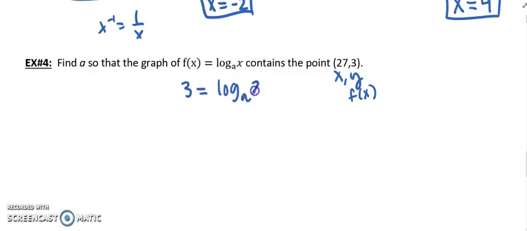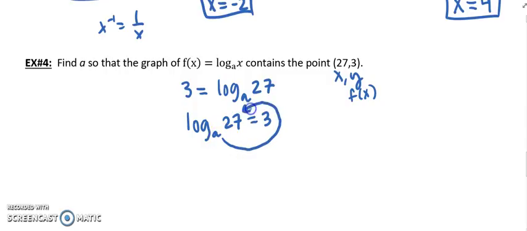So log base a of 27 equals 3. Now that it's written like the rest of the notes, let's change it to exponential. So a to the third equals 27.